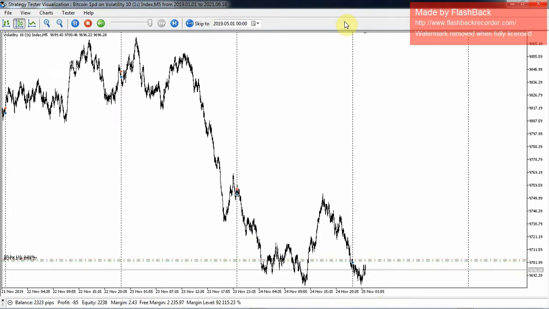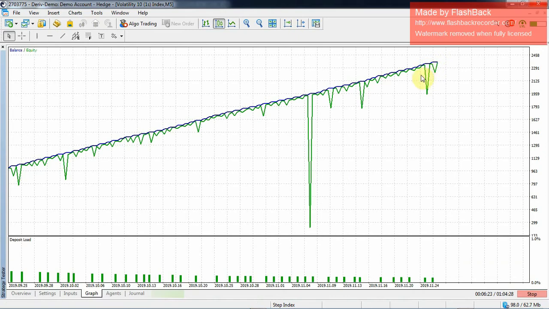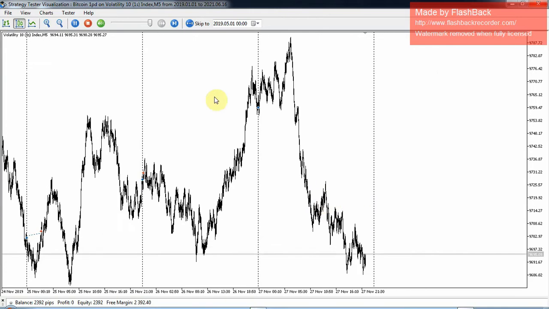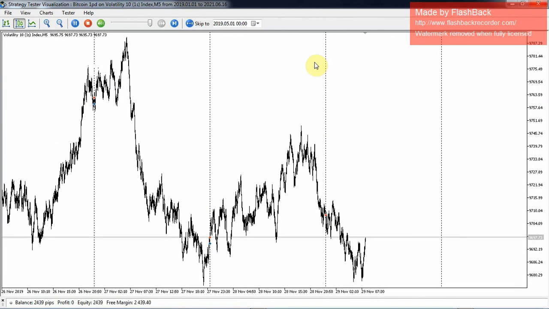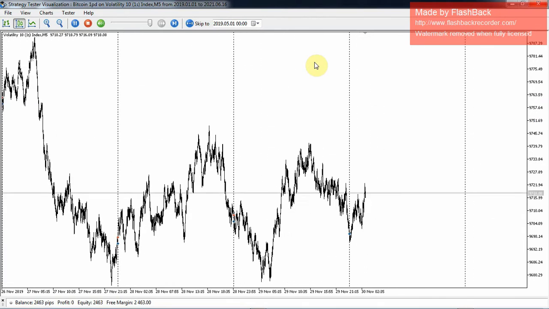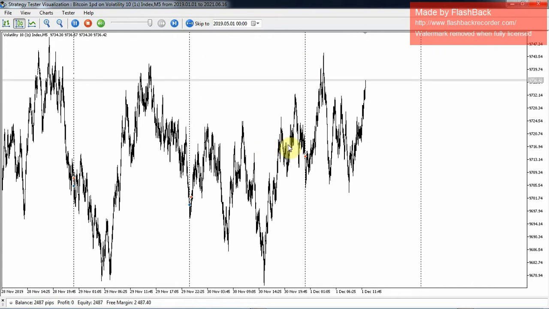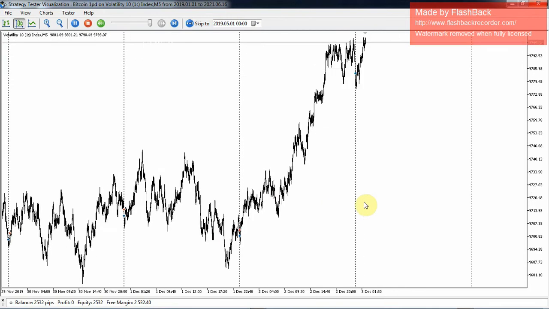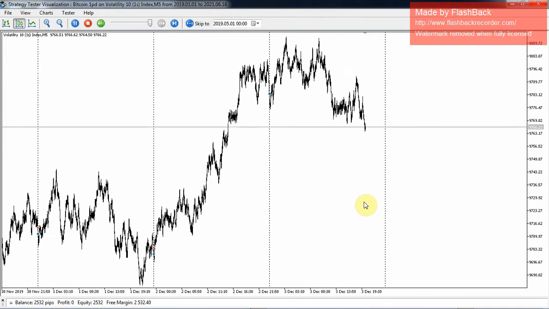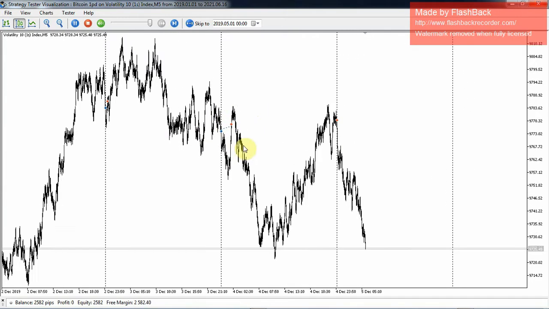That's the advantage this one has over the NAS 100 robot. But even this one will have some trades which will run for 2 days and all that. But usually most trades on this one will close within the day, so that you can trade again on the next day. And if there's a running trade, the next trade won't be executed because we're only entering one setup, one trade, until a trade closes.